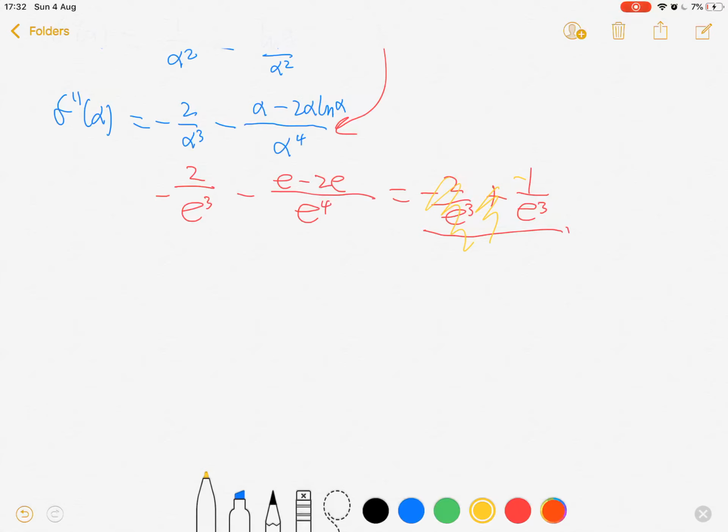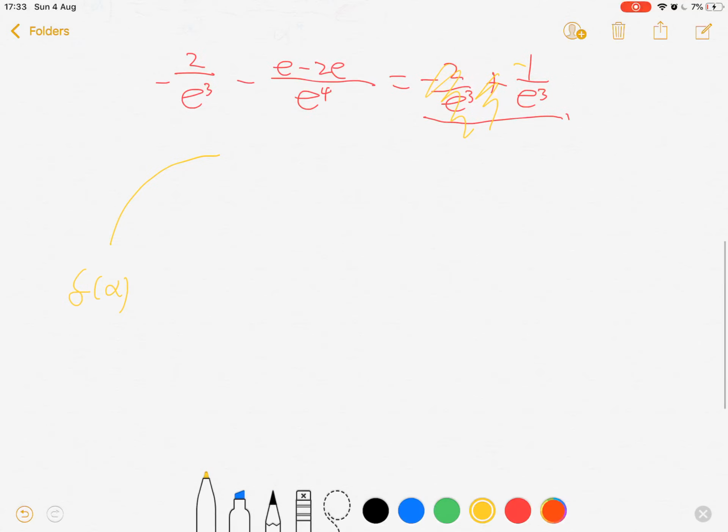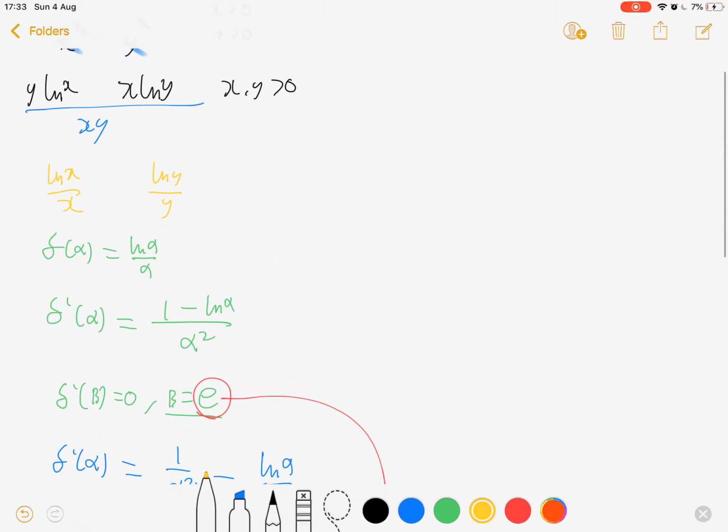So if the double derivative of a function is negative at that point, it would look like something like this, where the tangent is decreasing, right? And so f(alpha) at the point of e comma, and what was f(alpha)?